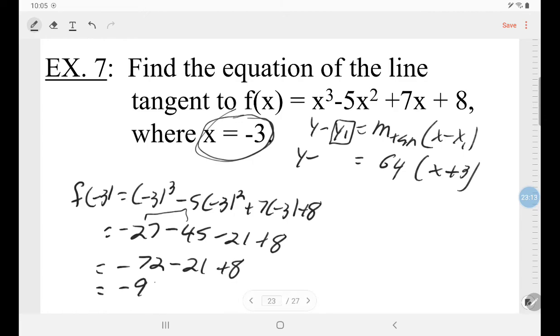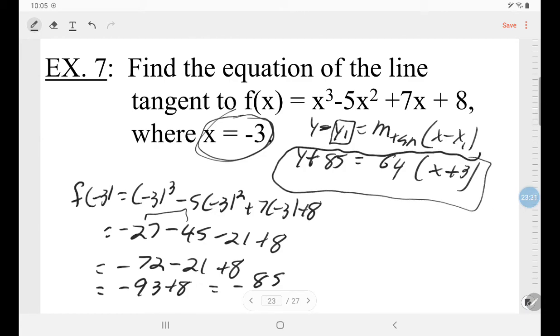That is -93 plus 8, which gives me a y coordinate of -85, which is going to turn this negative here into a plus 85. So pretty algebraically intensive here. Again, next lesson I'll show you the power rule, where the power rule comes from, and show you a proof of the power rule. It'll make your life a lot easier.